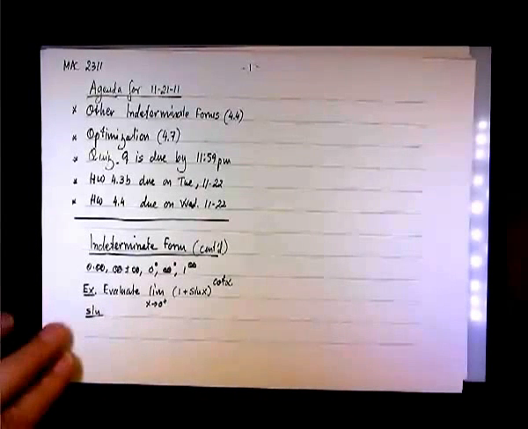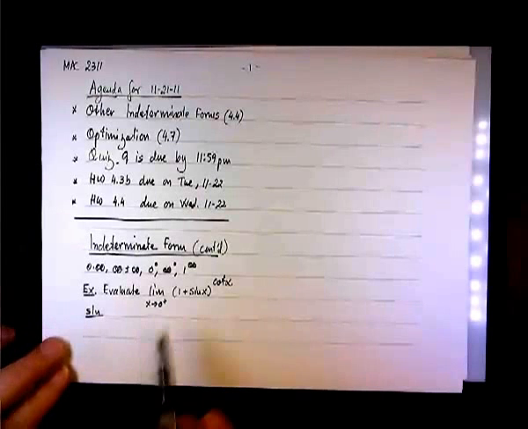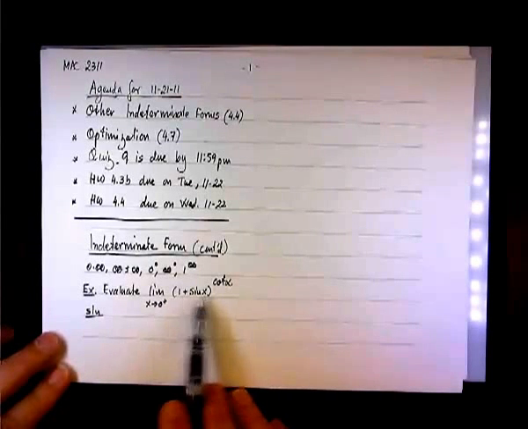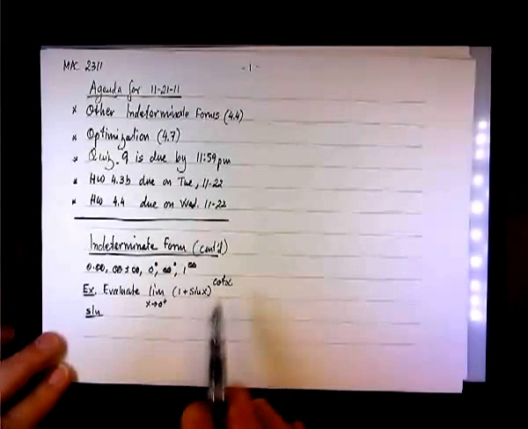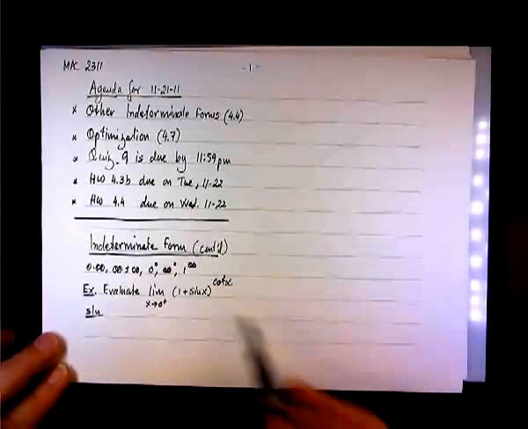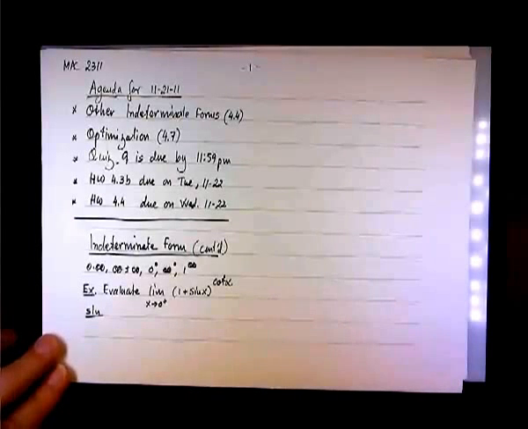So let's see, what's the issue with what happens when x goes to 0? Well, 1 plus 0 is 1, so the base is 1, but cotangent of 0, remember the cotangent is the cosine divided by the sine. So cosine of 0 is 1, that's okay, but sine of 0 is 0, so we end up having 1 to the power of infinity.